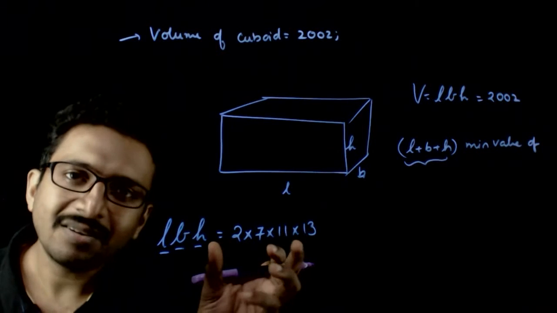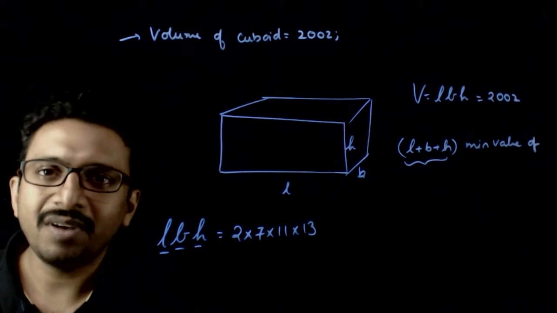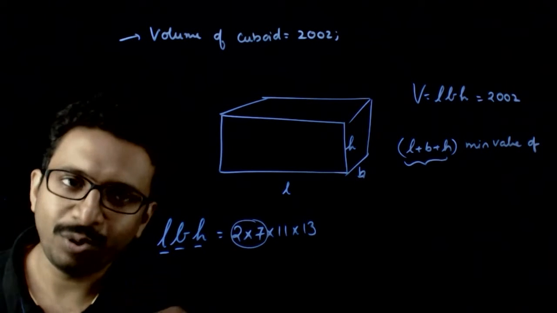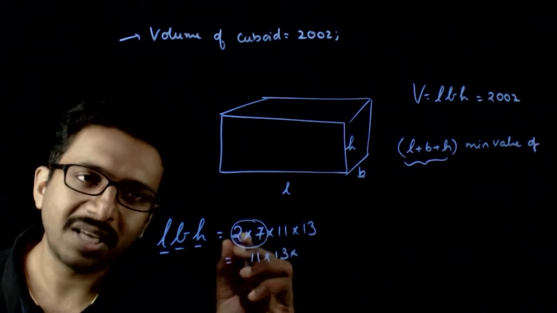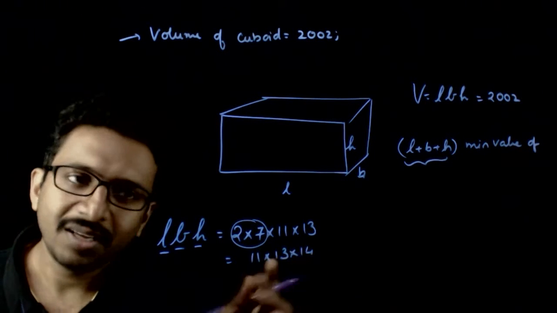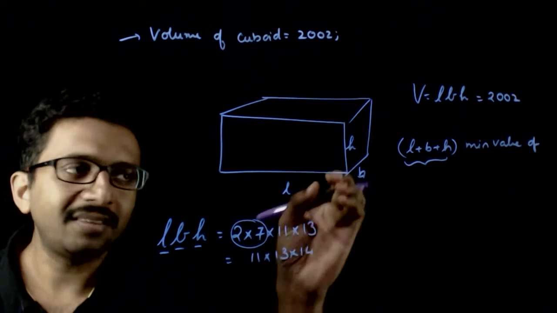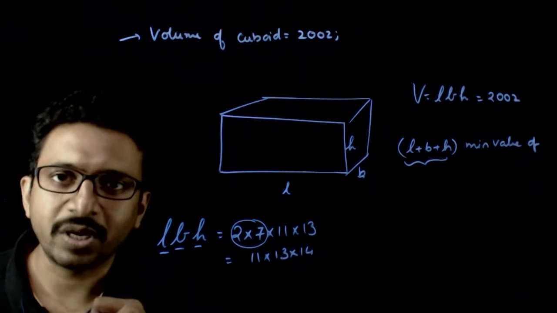In which case will length, breadth and height be very close to each other? If one number becomes 7 into 2, that is 14, along with 11 and 13. So if you take the sides as 11, 13 and 14, they are as close to each other as possible.